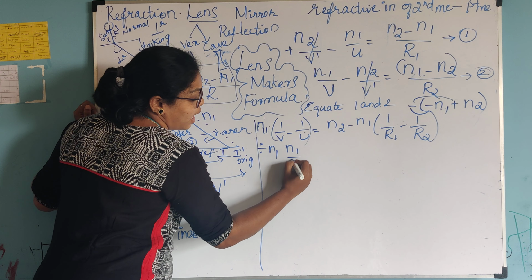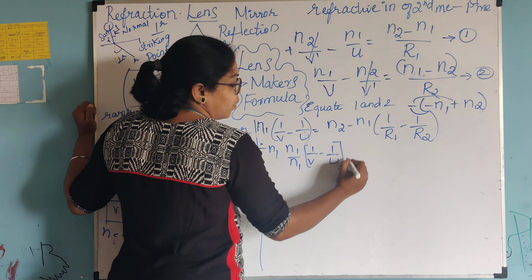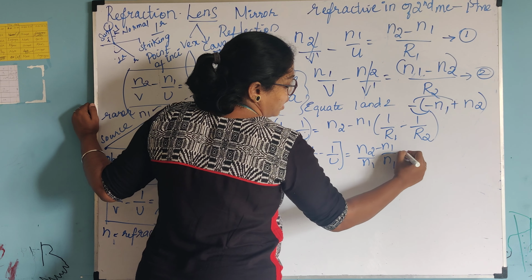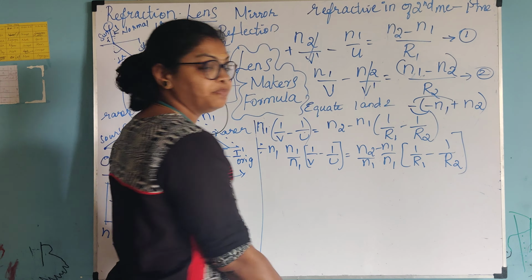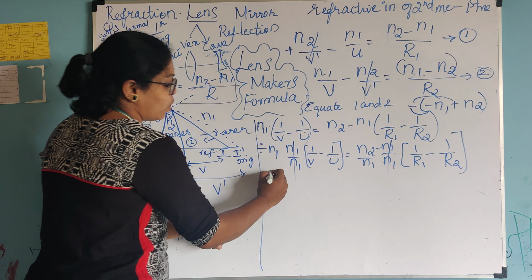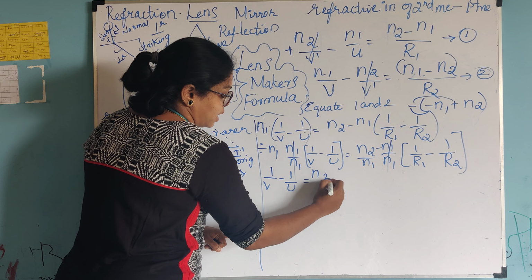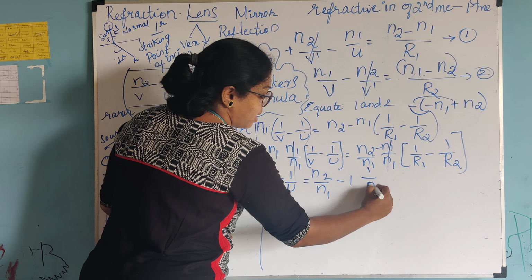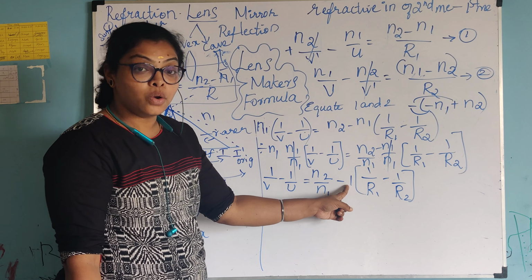So 1 by V minus 1 by U is equal to N2 minus N1 divided by N1, into 1 by R1 minus 1 by R2. Clear? In the next step, this gets cancelled and this gets cancelled, and what remains is 1 by V minus 1 by U, which is equal to N2 by N1 minus 1, into 1 by R1 minus 1 by R2. So N1 by N1 is 1, right?